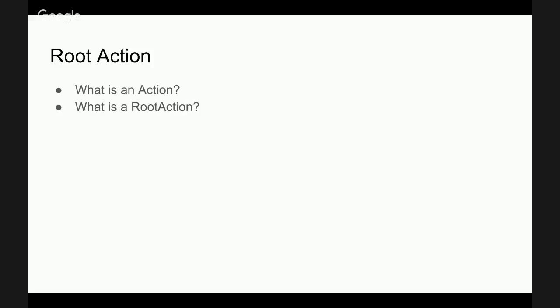Basically, it adds a link or a new page in the UI. A root action is a special type of action. This type is on the root Jenkins page, the main dashboard page, and it adds it to that very top level.